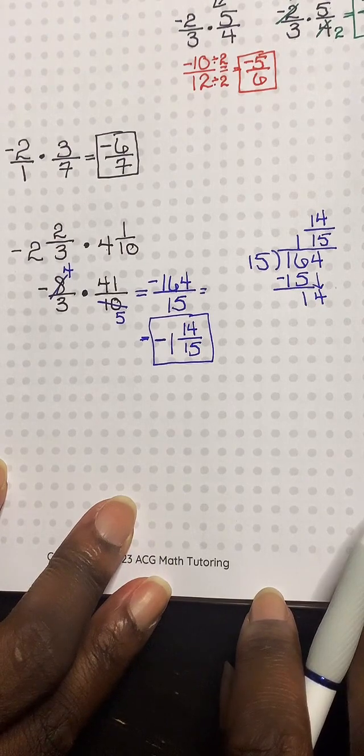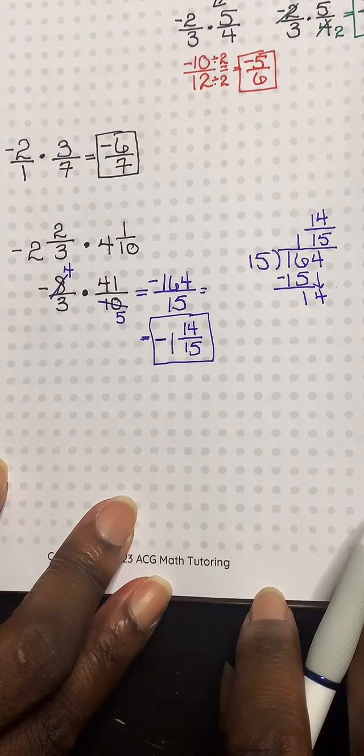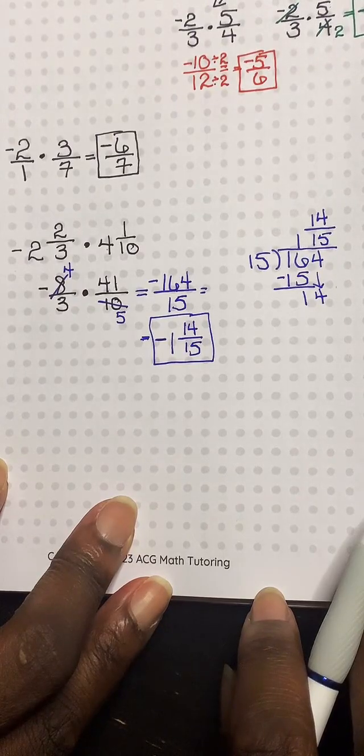So what's wrong? Why would it be negative 10 and not negative 1?